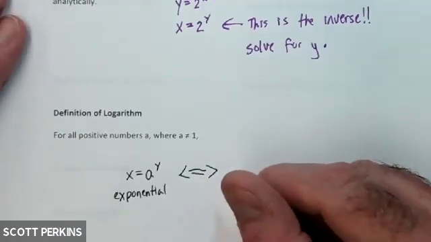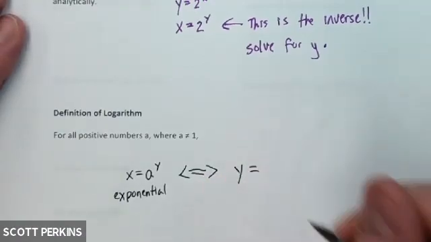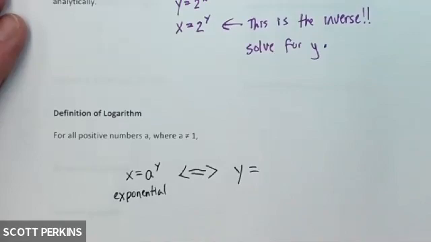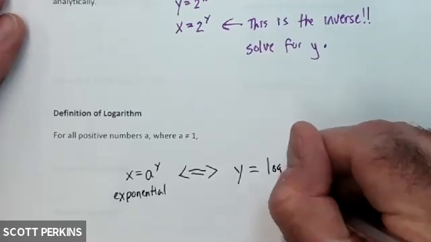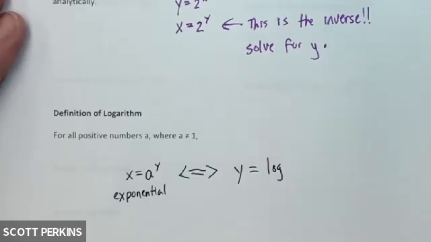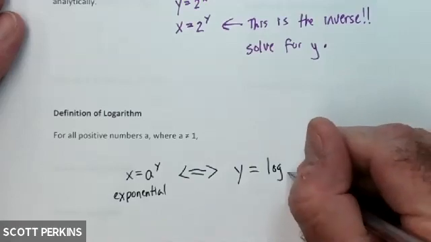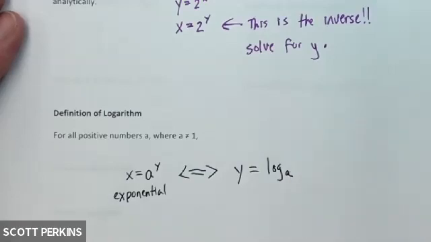The definition is this: y is equal to log, which we abbreviate log for the logarithm. The base of the logarithm, I use a little subscript, so log base a of x.